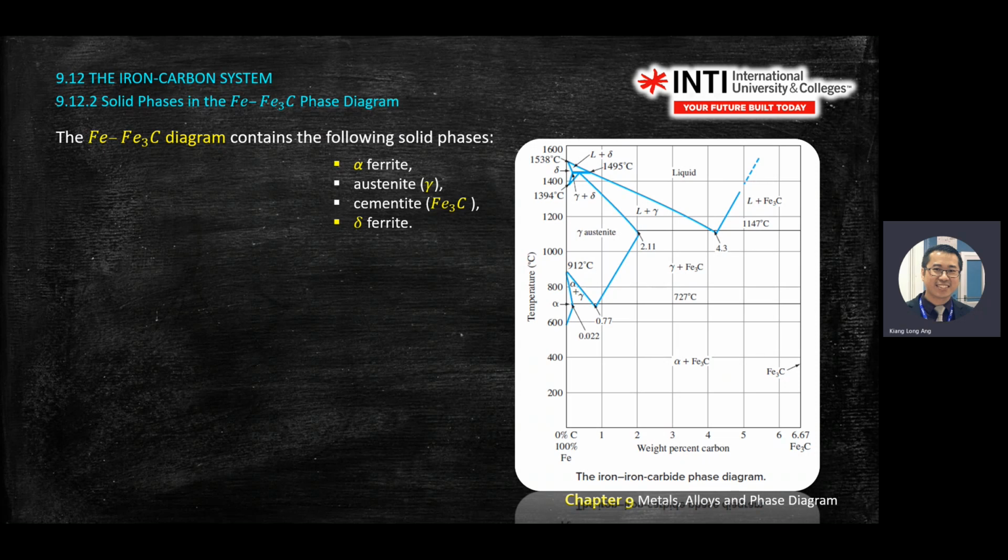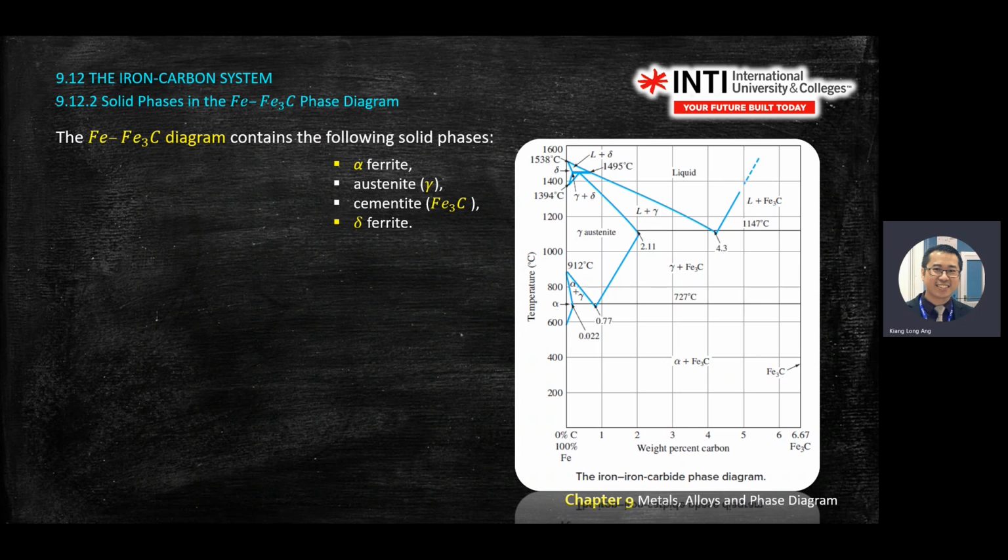You have alpha, you have cementite or Fe3C, you have delta ferrite, delta is here, and you have austenite gamma here, here. So you have four types.